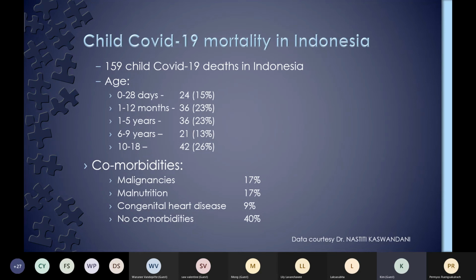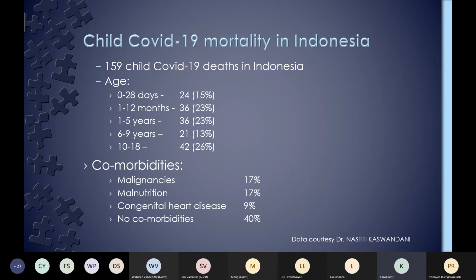This is data that was kindly provided to me by Dr. Nastiti from the Indonesian Pediatric Society, and it documents 159 child deaths that occurred in Indonesia from COVID-19. The ages are first worth looking at. There's a fair number in the first month of life in the neonatal period, but it's really only 15%. Most of the deaths are occurring in children under 5.